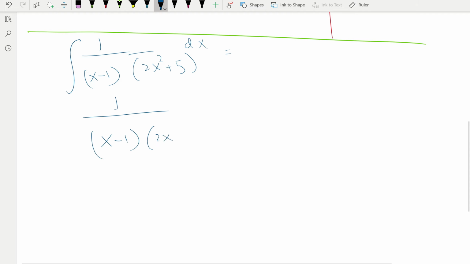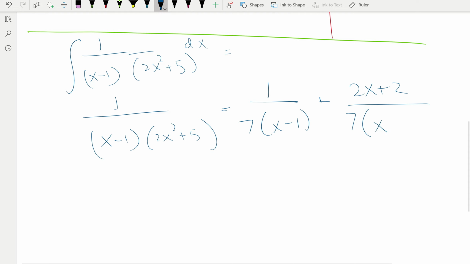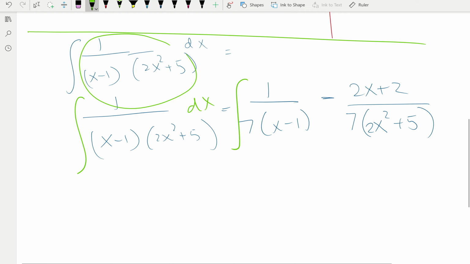So the decomposition is 1 over 7 x minus 1 minus 2x plus 2 over 7 times 2x square plus 5. All right, okay, perfect. Now we know instead of integrating this rational function, we integrate this part, right? The right hand side.